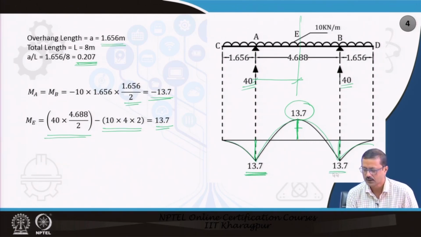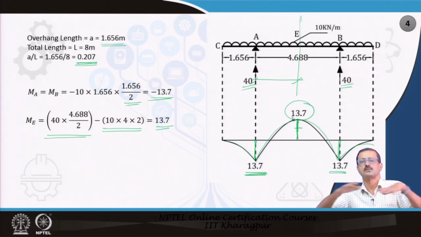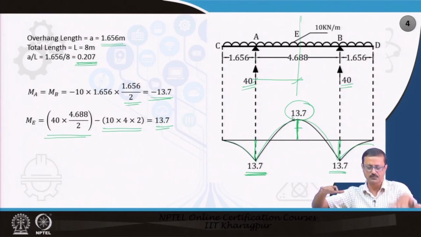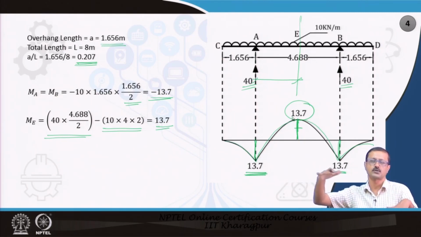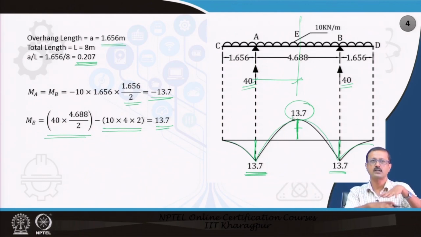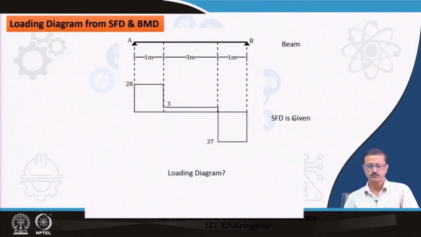You do not have to deal with different reinforcement. It will be a similar kind of reinforcement. Some portion will be in the bottom and some portion in the top: the hogging portion will be in the top and the sagging portion in the bottom. So, we will discuss the advantage of this kind of section afterwards.